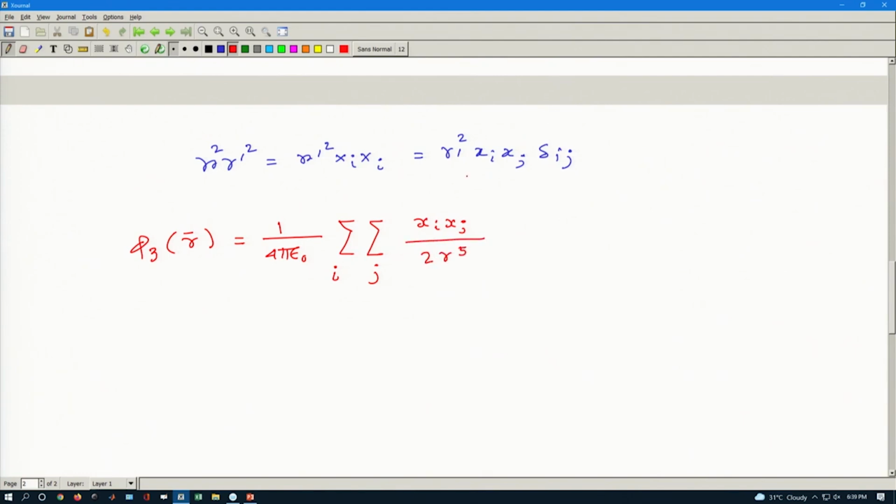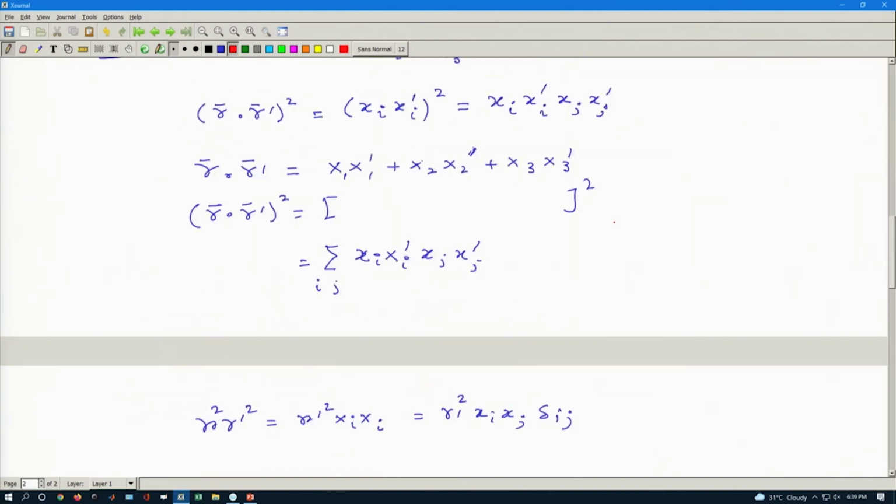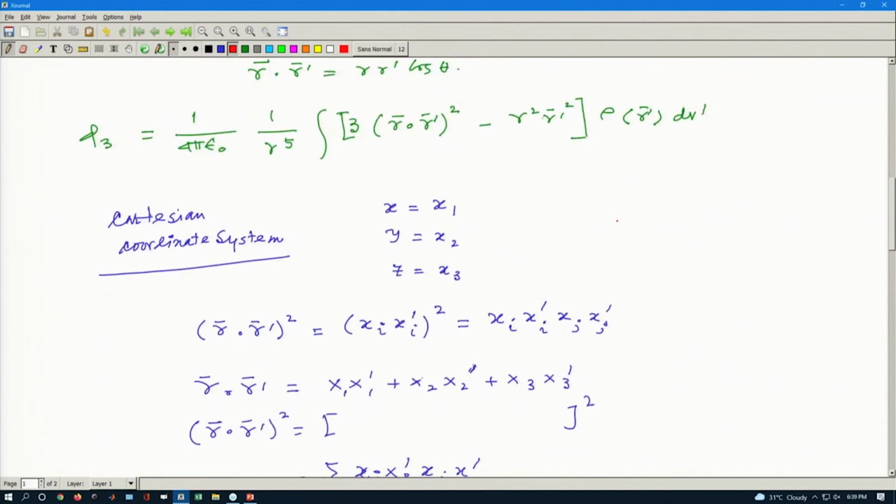I take x_i x_j common, because in this term I have one x_i x_j, and in this term I find that I can write x_i x_j with the delta function, and then I take it common.